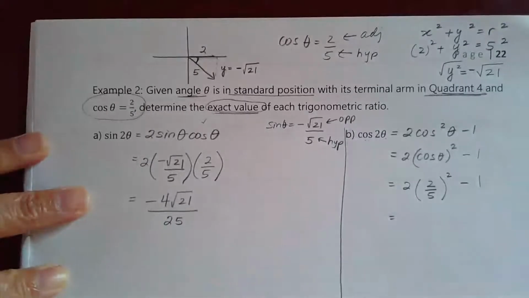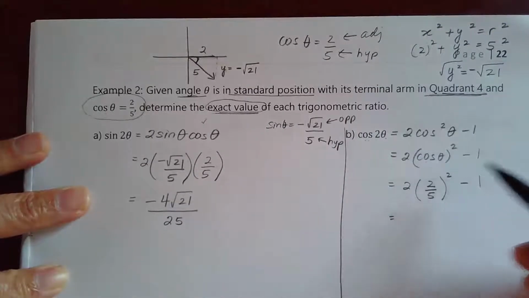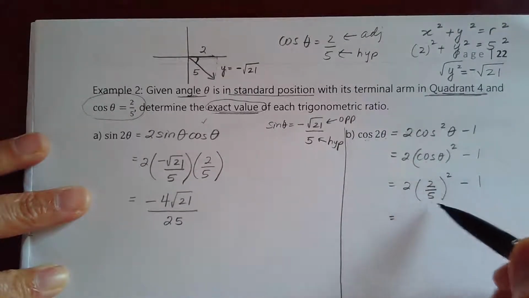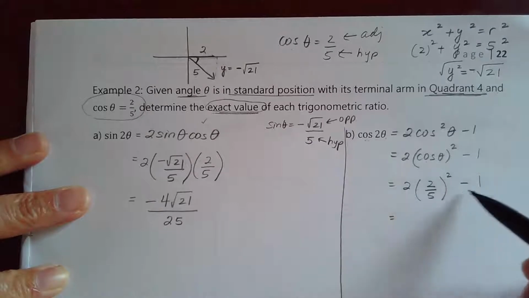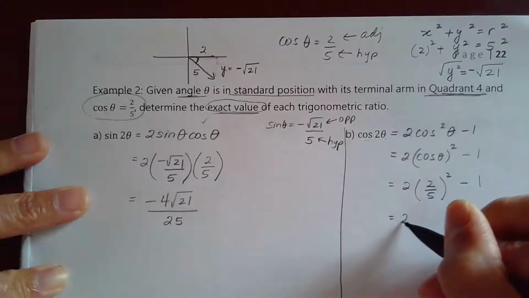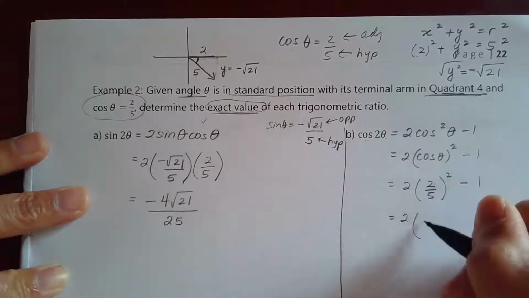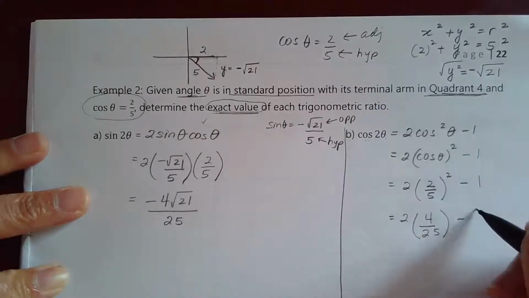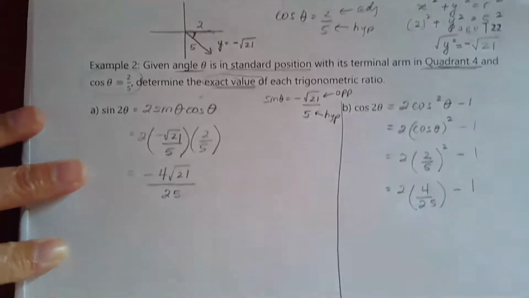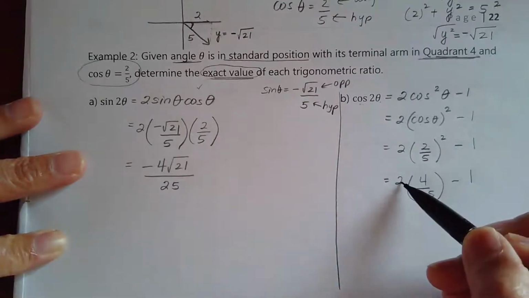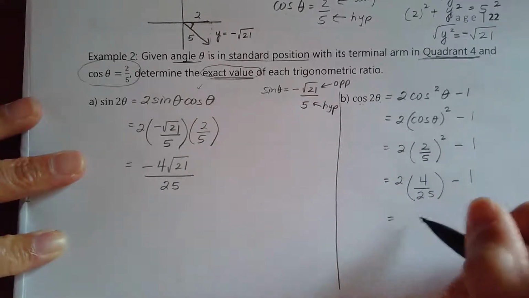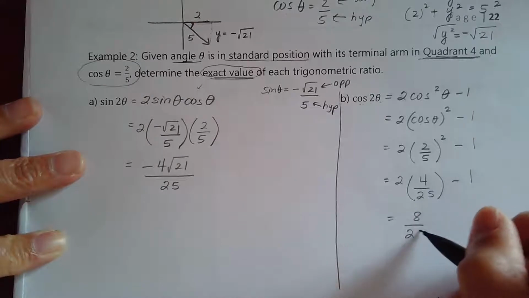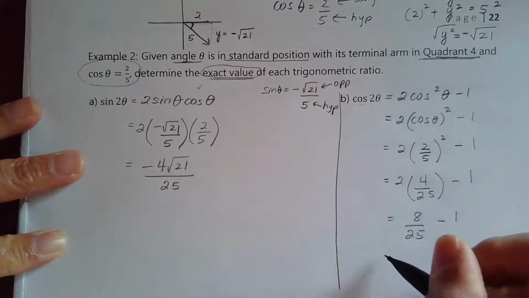There we go. And then we're going to do the order of operations. Exponent first, then multiply, and then subtract. So 2 squared is 4 over 25 minus 1. And then 2 times 4 is 8 over 25 minus 1.